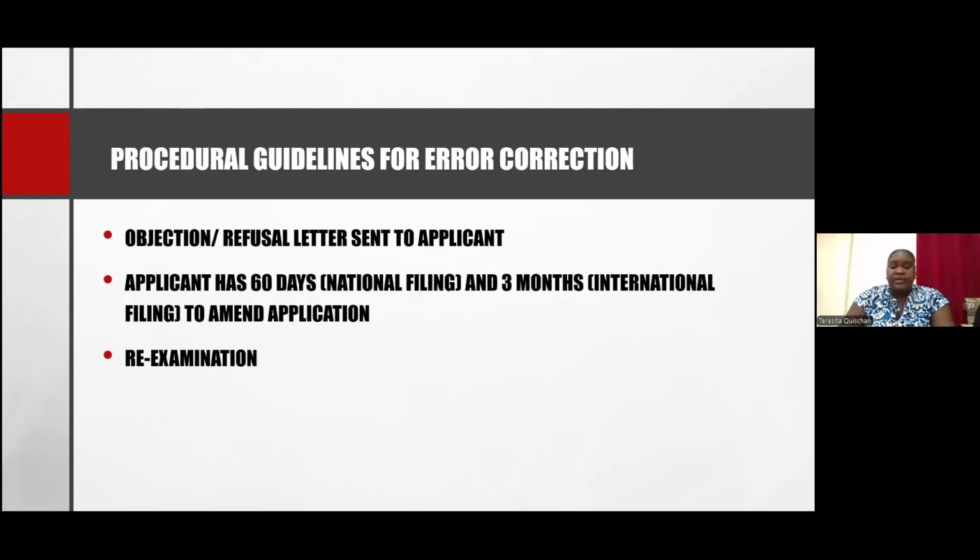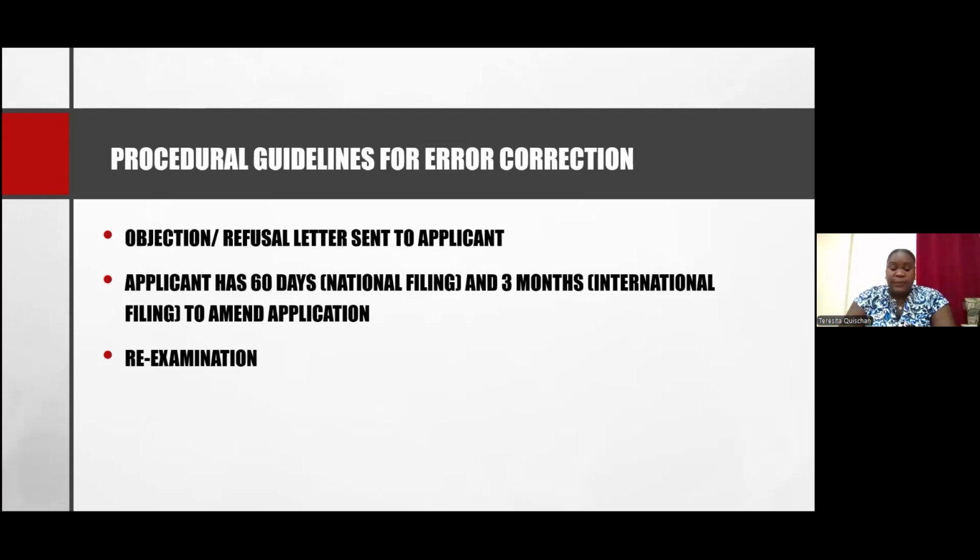For international applicants, they are allowed 3 months to submit corrections or clarifications. During this process, applicants may amend the application to correct errors, provide disclaimers, adjust classifications, or submit translations as needed.